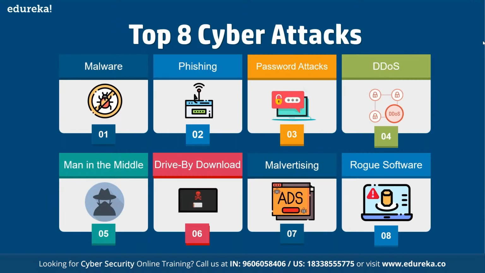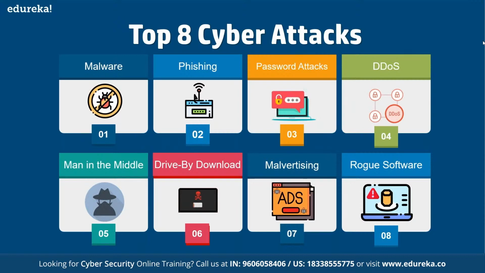Like brute force attacks, where attackers simply try to guess the password by performing multiple permutations and combinations. And then we have DDoS. DDoS refers to distributed denial of service, which is basically when the attackers are unable to get access to any server, then they simply bombard the servers with additional requests.